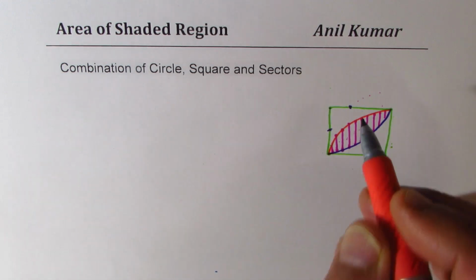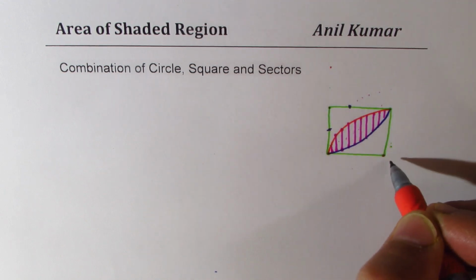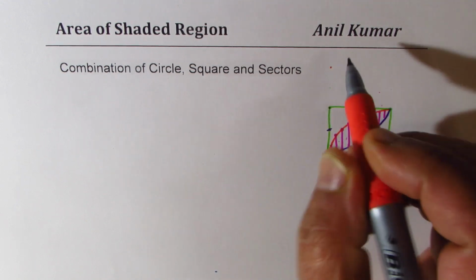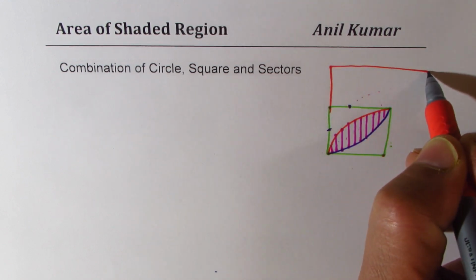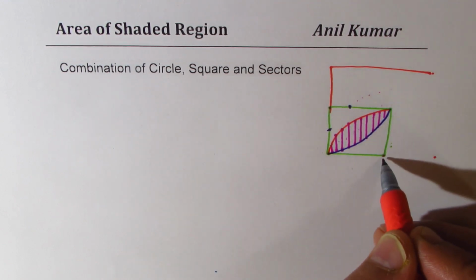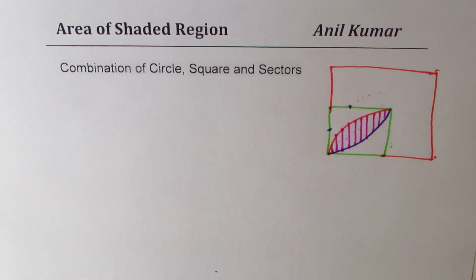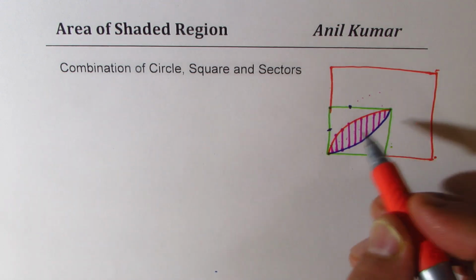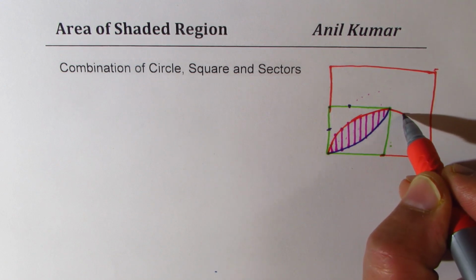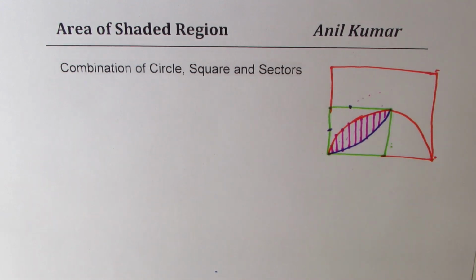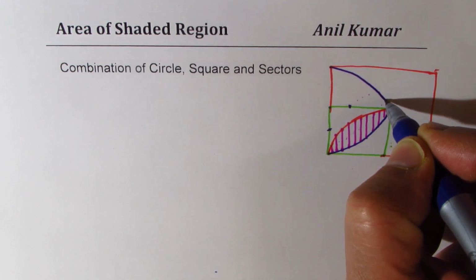The second part of the question is that we are going to extend this, right? So we'll increase the size of this square, make it twice the length. So let's say we have this as our square now. Okay, and in this square, let me complete the figure. Let's say this arc extends and it goes kind of like this. The other one is kind of like this.